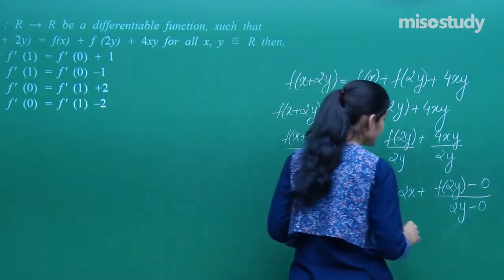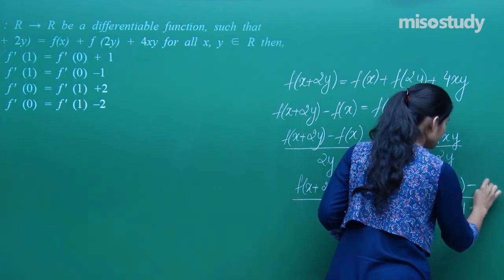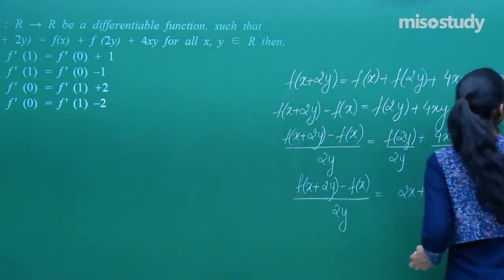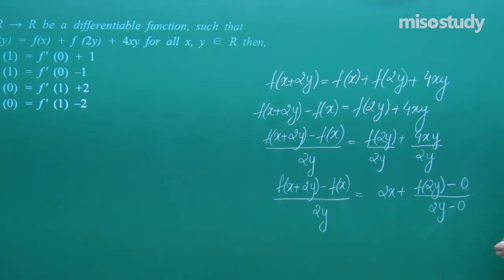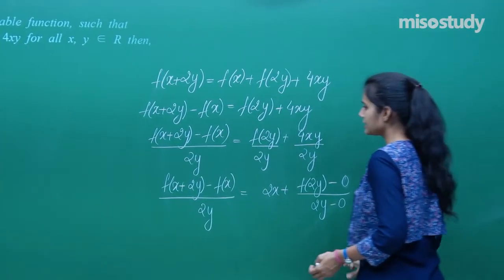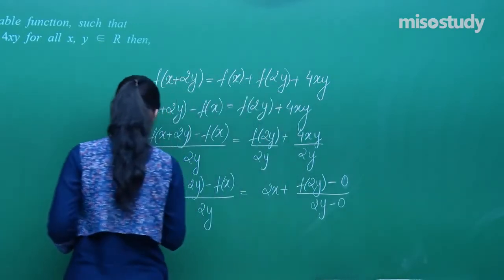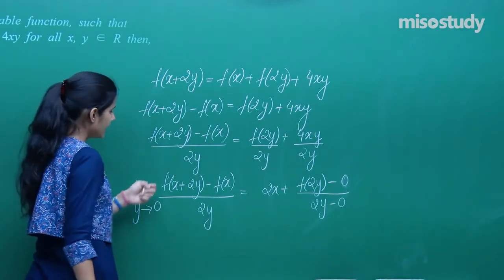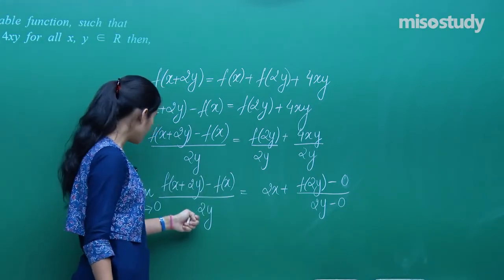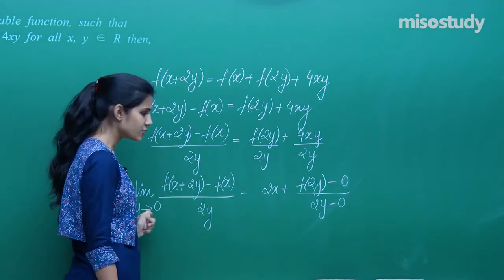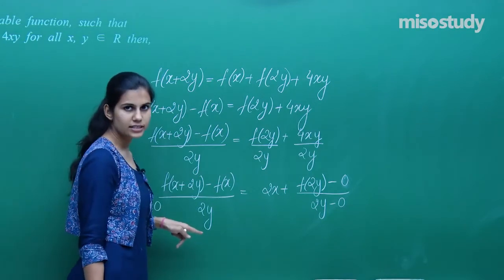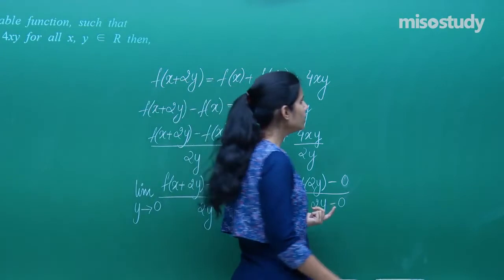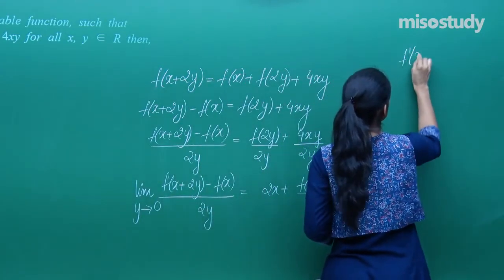So what basically we get is, over here, if I apply limit y tends to 0 both sides, what is it that I get? Limit y tends to 0 gives me f of x plus h minus fx whole upon h as h tends to 0, which is actually f dash x. h is being played by 2y, so this becomes f dash x.